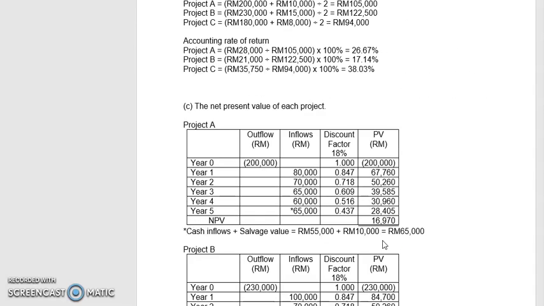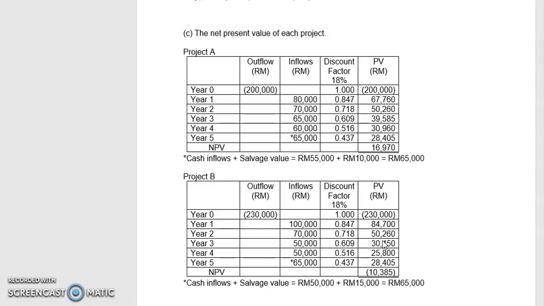Alright, so now the net present value of each project. Project A, year 0, we put the initial amount, and then for year 1 until year 5, the inflows and the discount factors, and you will get the NPV for each, right?